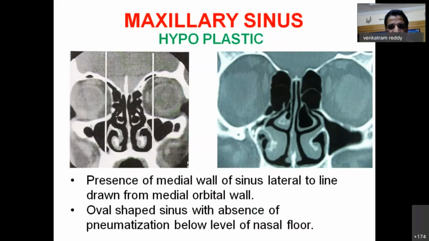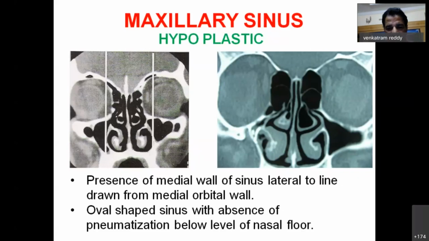So when you say hypoplastic maxillary sinus, you can see this is the medial wall of the orbit. The medial wall of the orbit comes more medially than the medial wall of the maxillary sinus. Normally, the maxillary sinus is pyramidal in shape.